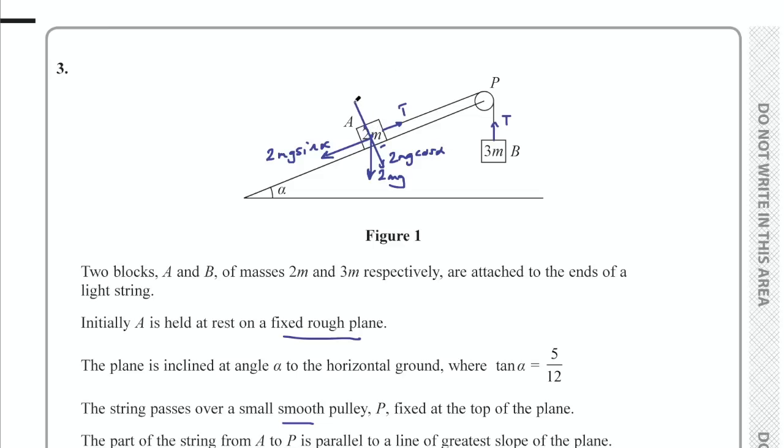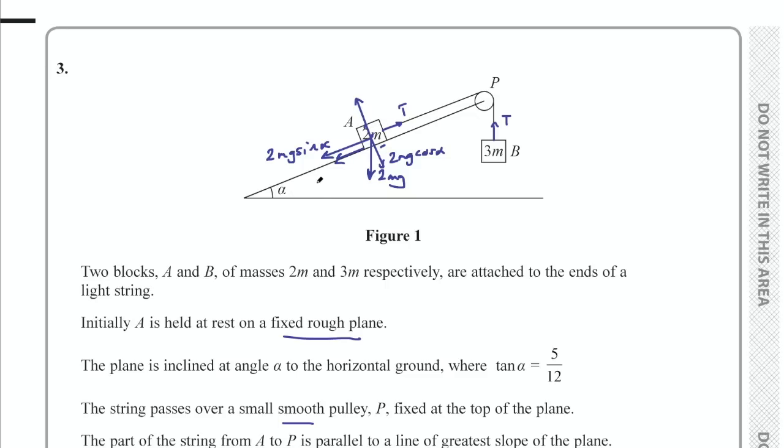reacting to that pushing back on the box perpendicular to the surface, that's going to have an equivalent magnitude as 2mg cosine alpha. That's important because we need to think about friction. Friction is a multiple of the normal force. So friction, because we are told the mass A is moving up the plane, friction is in the opposite direction of movement.